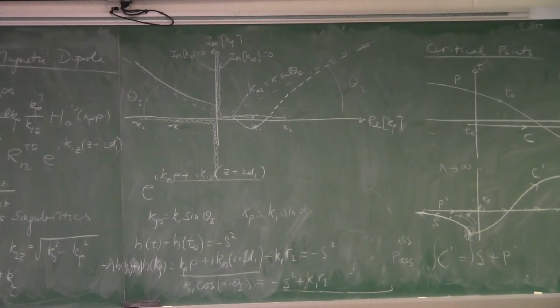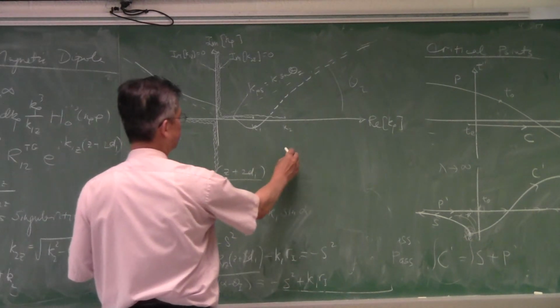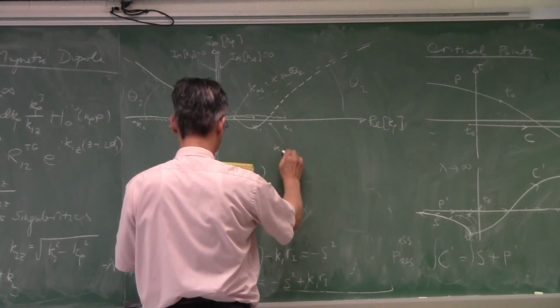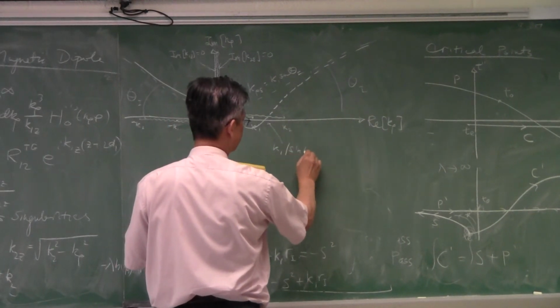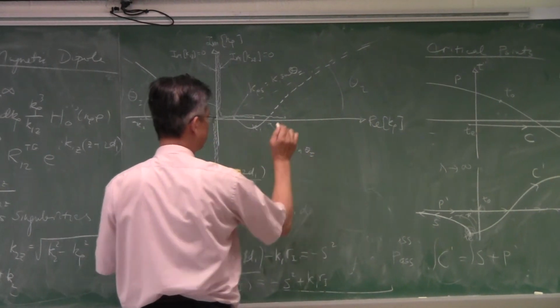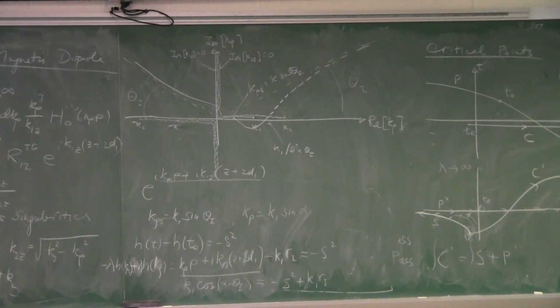Okay. And then it crosses the other point over here as k1 over sine theta I. Okay, and then you can actually prove that from these equations also. But that is the steepest descent path, the constant phase path that passes through the saddle point. Okay.